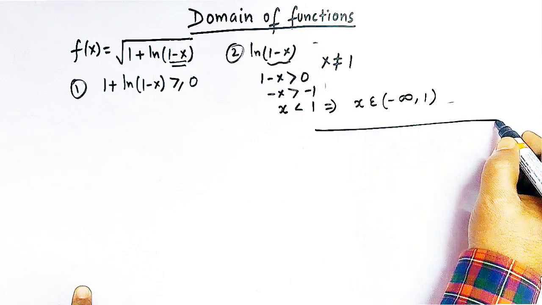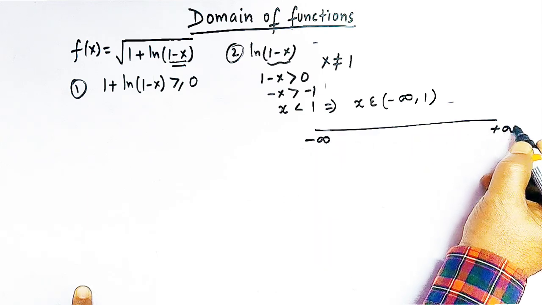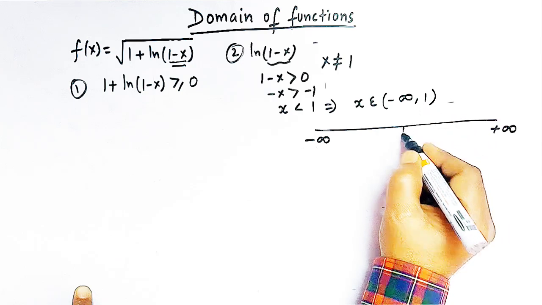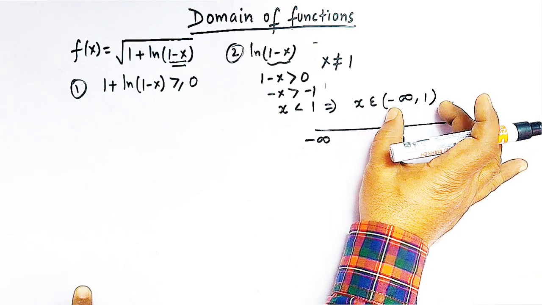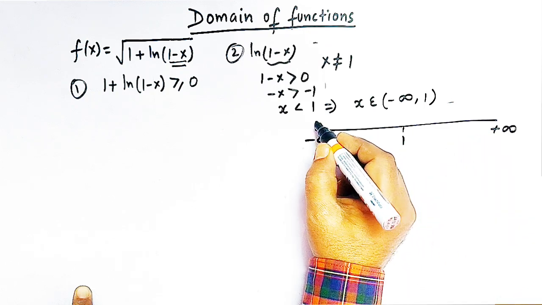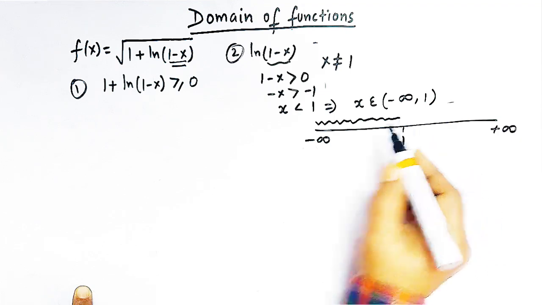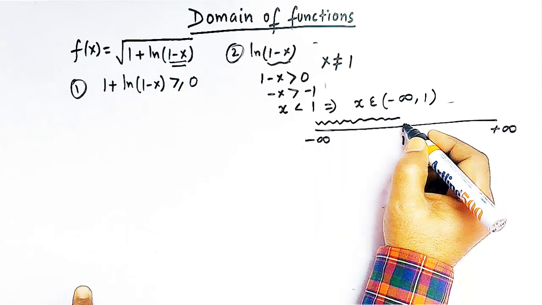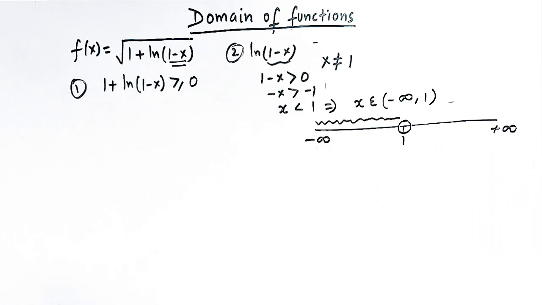On the real number line, from minus infinity to plus infinity, with 1 marked, we represent this region from minus infinity to 1, and remember 1 is not included.